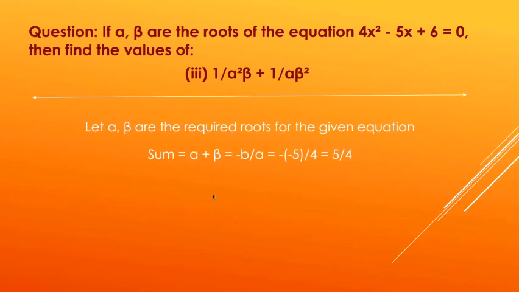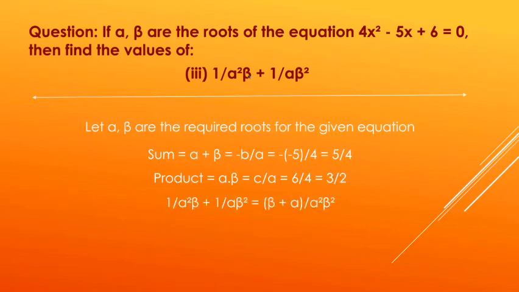By putting the values, minus b over a is equal to minus into minus 5 over 4, which will be equal to 5 over 4. And the product is equal to alpha beta, and the formula is c over a. C is 6 here, a is 4. So c over a is equal to 6 over 4, which will be simplified into 3 over 2.